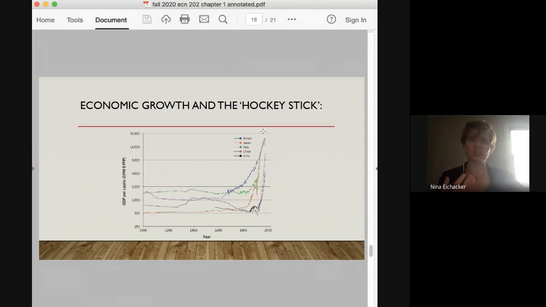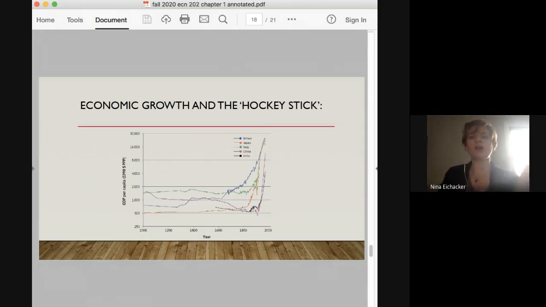capita. So GDP starts growing, and it starts growing really, really fast for the UK, for Italy is the green line here, Japan is the red line, China is the purple line, and India is the black line.